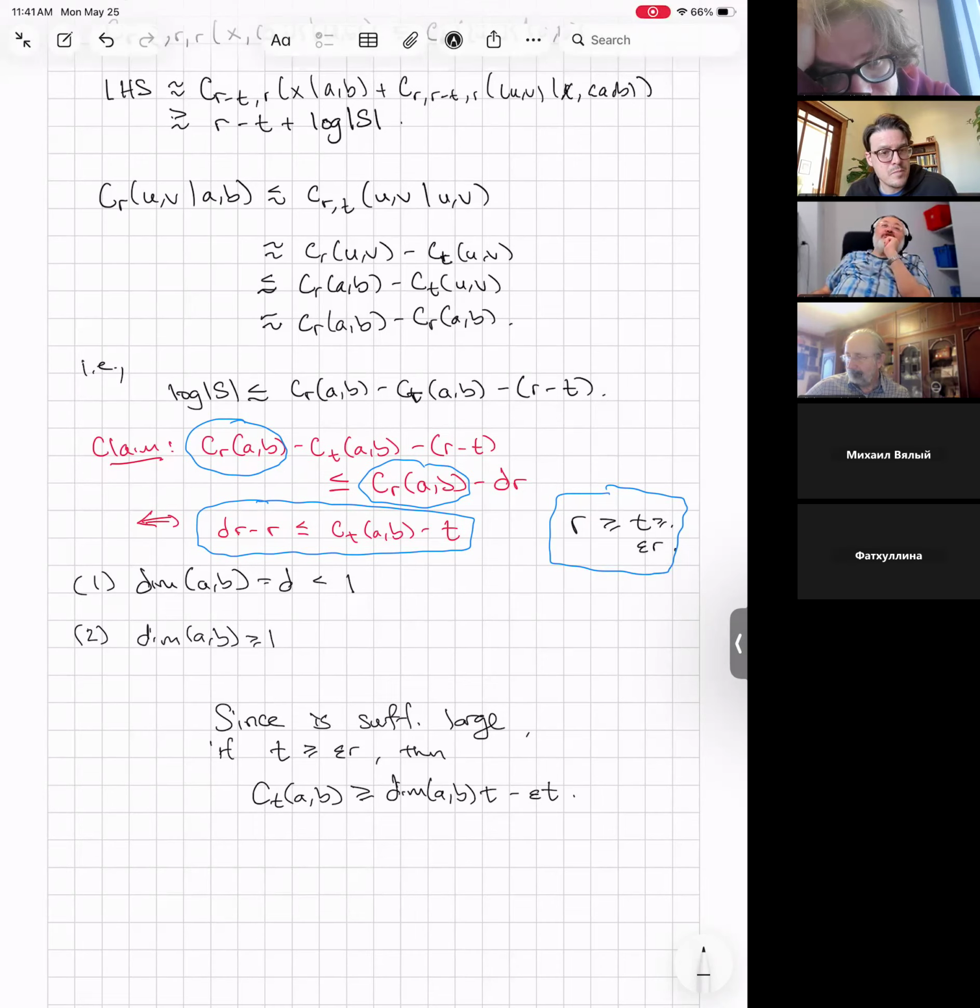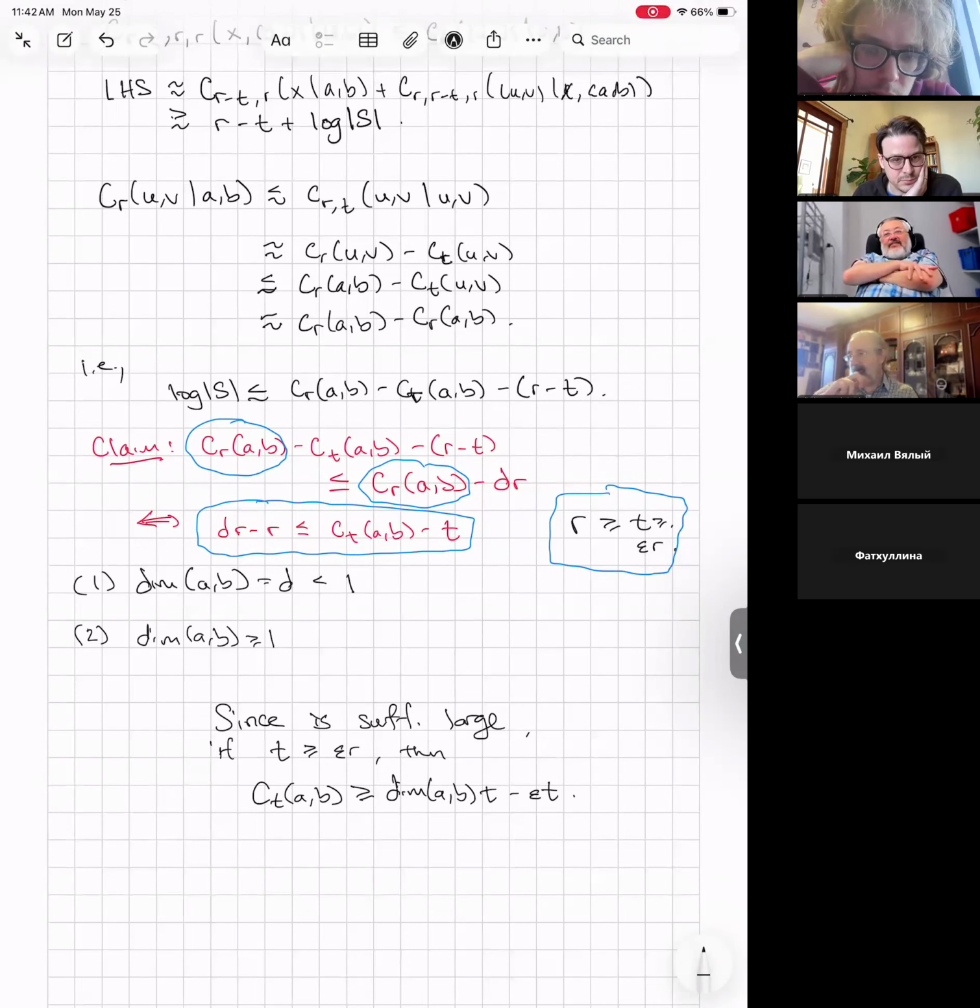So for large T, the complexity of T approximation is bounded by dimension. Is lower. So the upper bound is D times T minus T, and because T could only be smaller, this is the negative number, so okay.